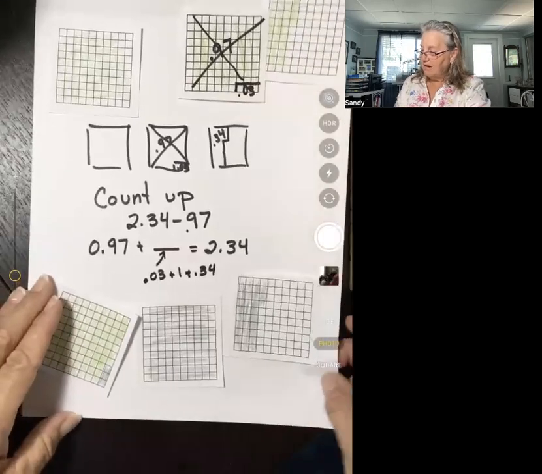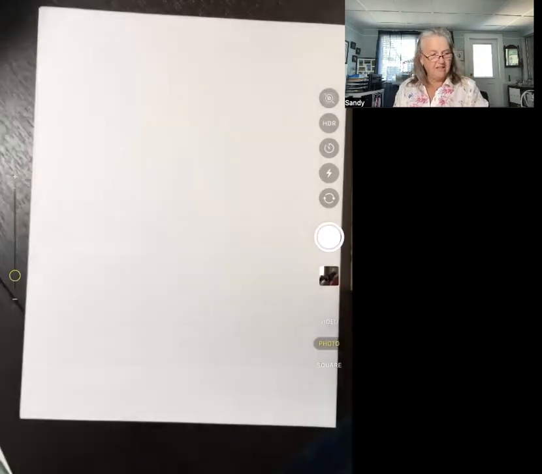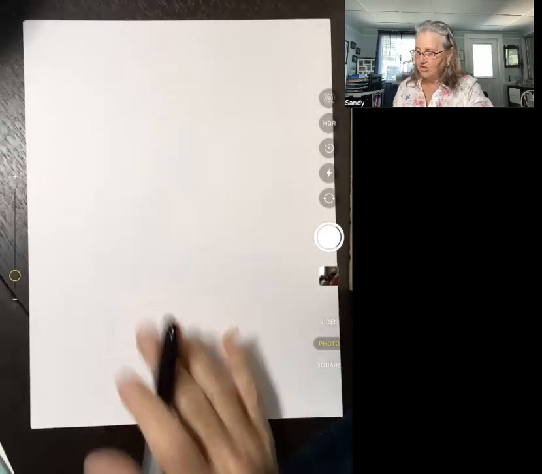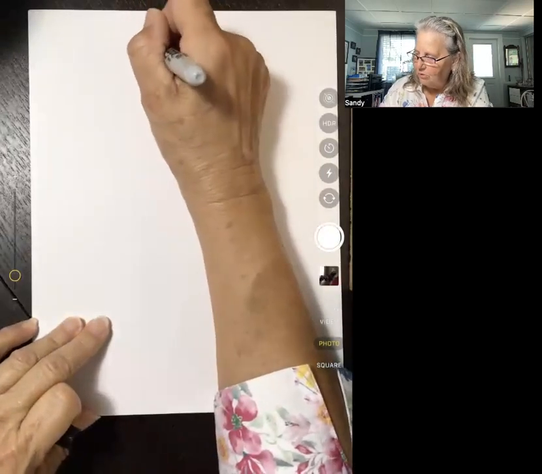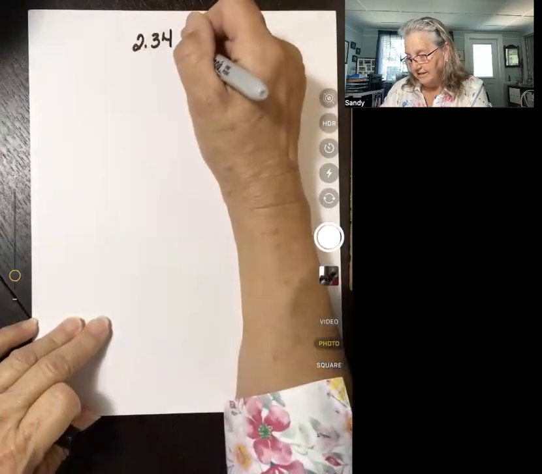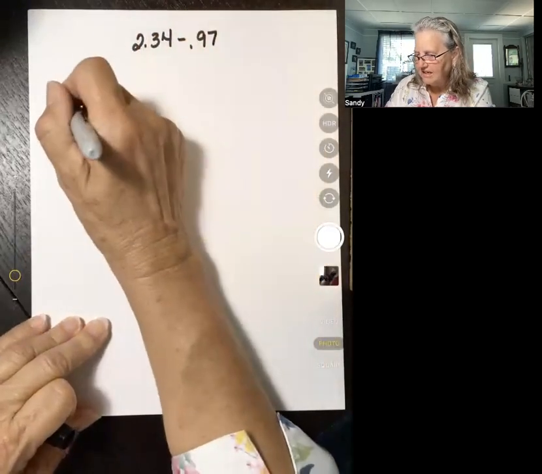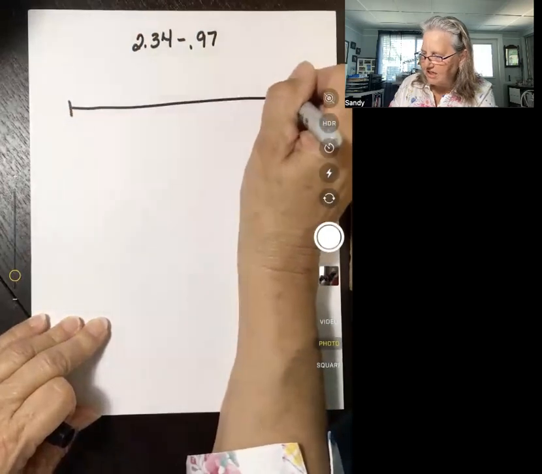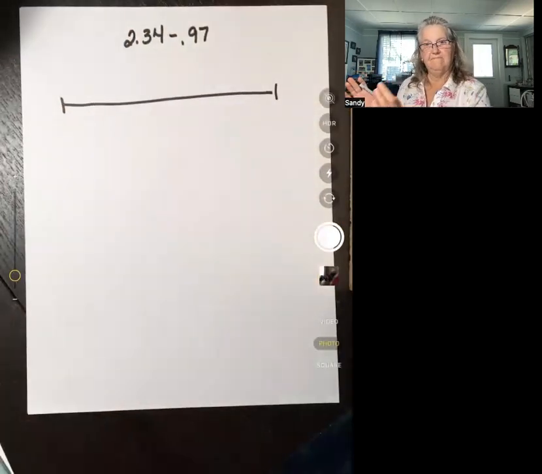Now, there's another model we use for counting up that's going to be sufficient, maybe even more. And you may see your children coming home with what is called open number lines. Essentially, if you've seen these, it's a part of the number line, a line segment coming off that number line.